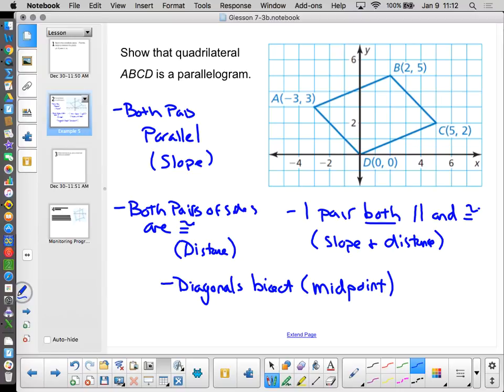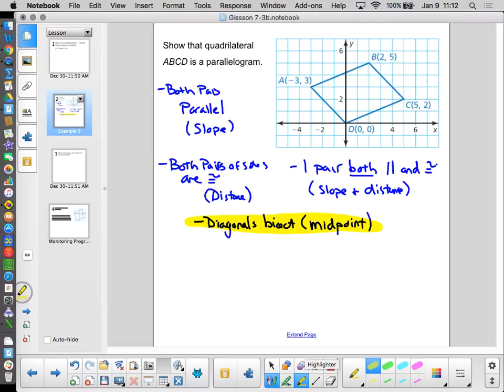Now, you're going to be expected to demonstrate multiple techniques. By far the easiest technique we can use here is this one. That's the quickest because it only requires us to show two equations. If I can show that the diagonals have exactly the same midpoint, that proves that it must be a parallelogram.